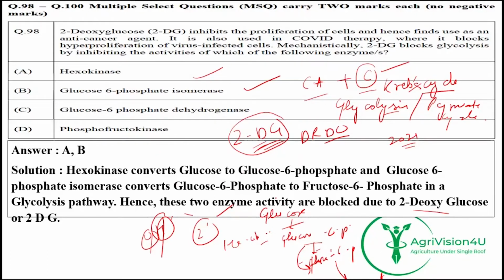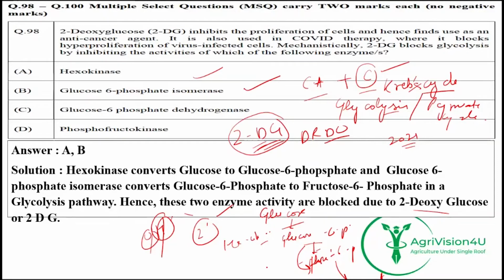In the glycolysis pathway, glucose gets converted to glucose 6-phosphate and glucose 6-phosphate to fructose 6-phosphate. So here we basically have the enzymes hexokinase and glucose 6-phosphate isomerase functioning.